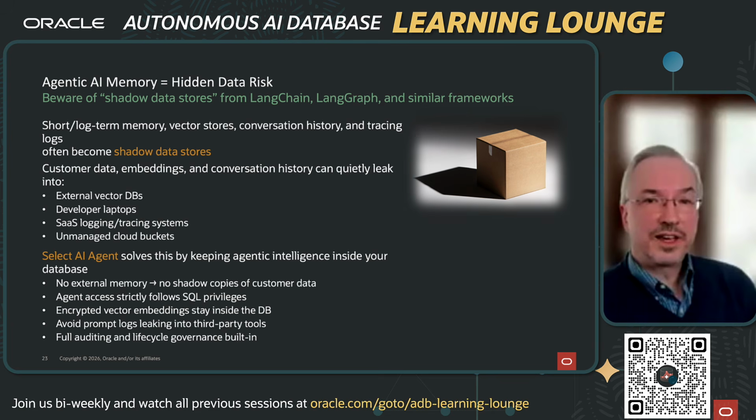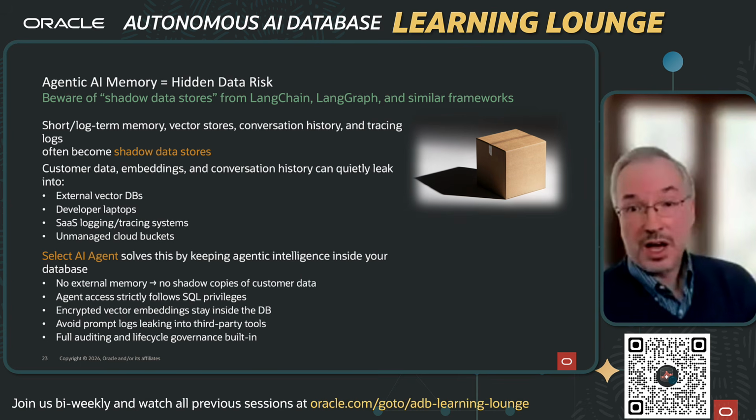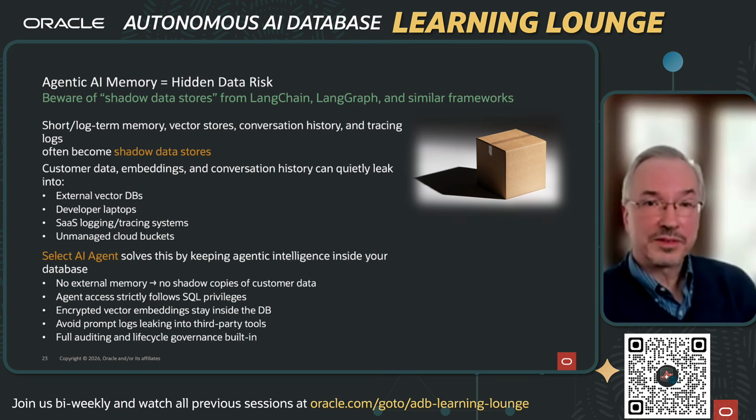Now, one key advantage of in-database agents is reducing the hidden data risks associated with agentic AI memory. While agentic AI frameworks are useful for development, in production, they can inadvertently expose sensitive data through external memory layers. Running AI agents often means that data flows and is stored outside the database, such as in external vector stores or on developer machines, creating potential compliance and governance gaps.